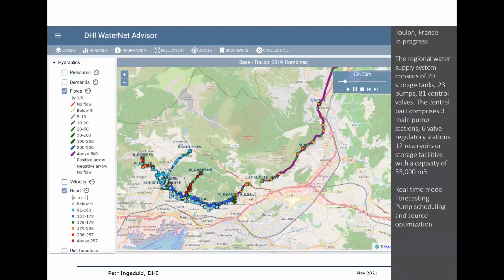Then we developed this one recently in Toulon in France. It's used primarily for pump and valve scheduling, so that we develop the system to support operations, to support operators and help them to develop optimum plans for the next 4 days, how to operate their system.